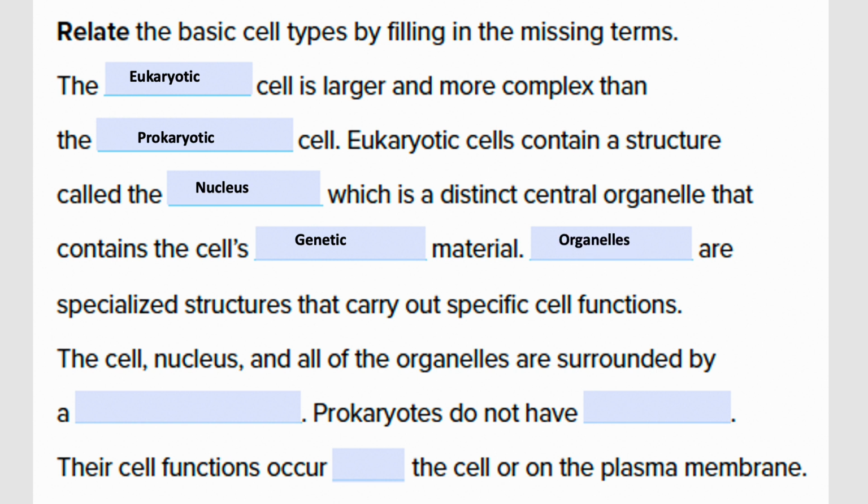Organelles are specialized structures that carry out specific cell functions. The cell, nucleus, and all the organelles are surrounded by a plasma membrane, and prokaryotic cells do not have organelles. Their cell function occurs inside the cell or in the plasma membrane.